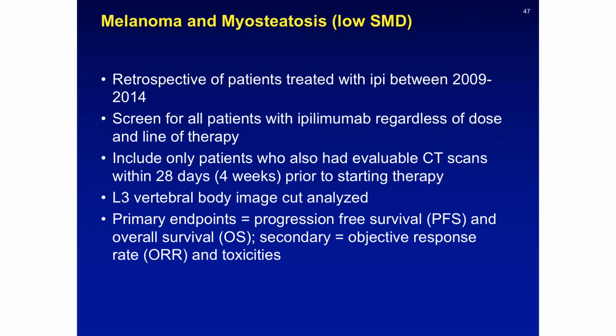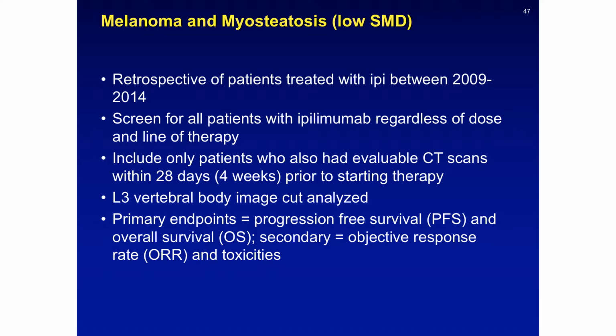And this we haven't published other than in abstract form, but this was the next logical step, which was what about the active immunotherapies, the checkpoint CTLA-4 inhibitors for melanoma.